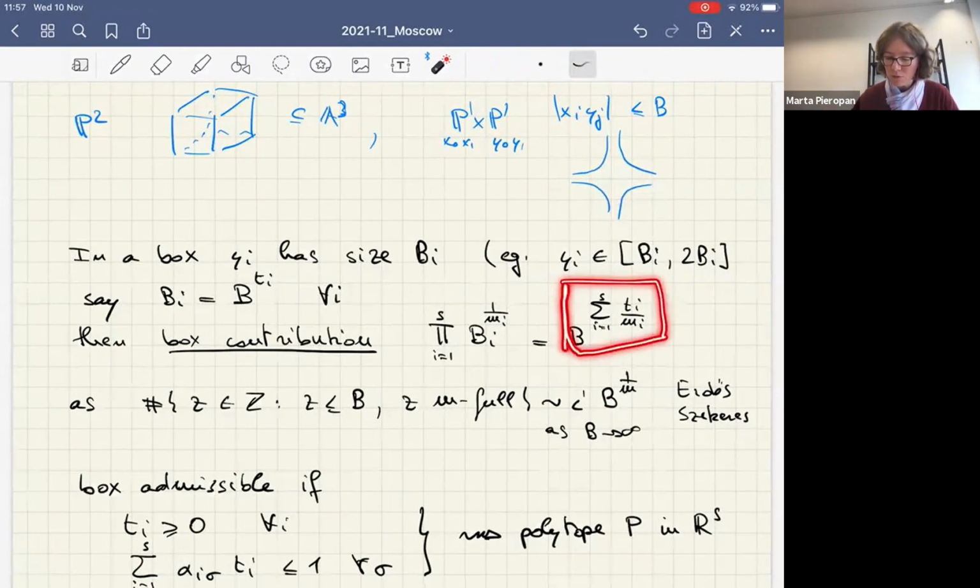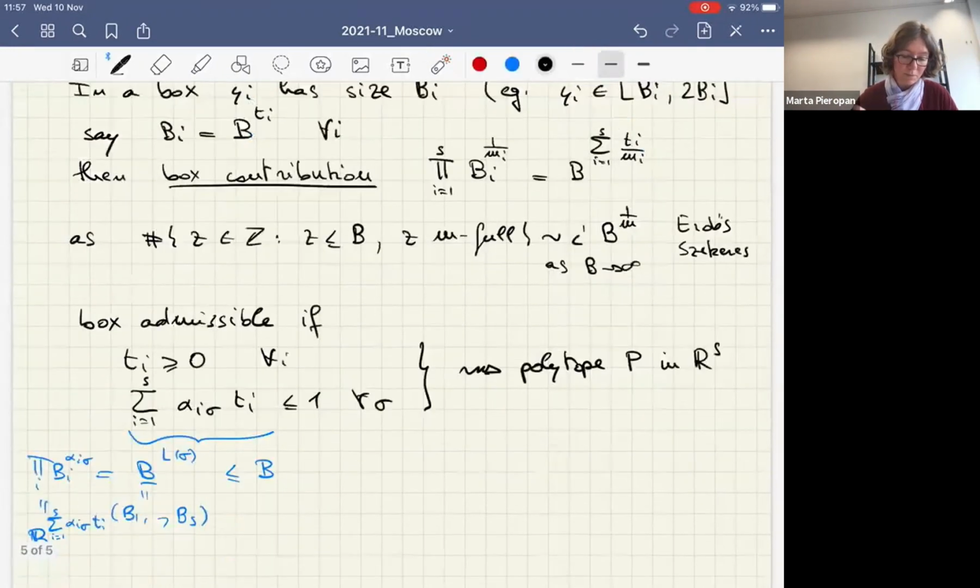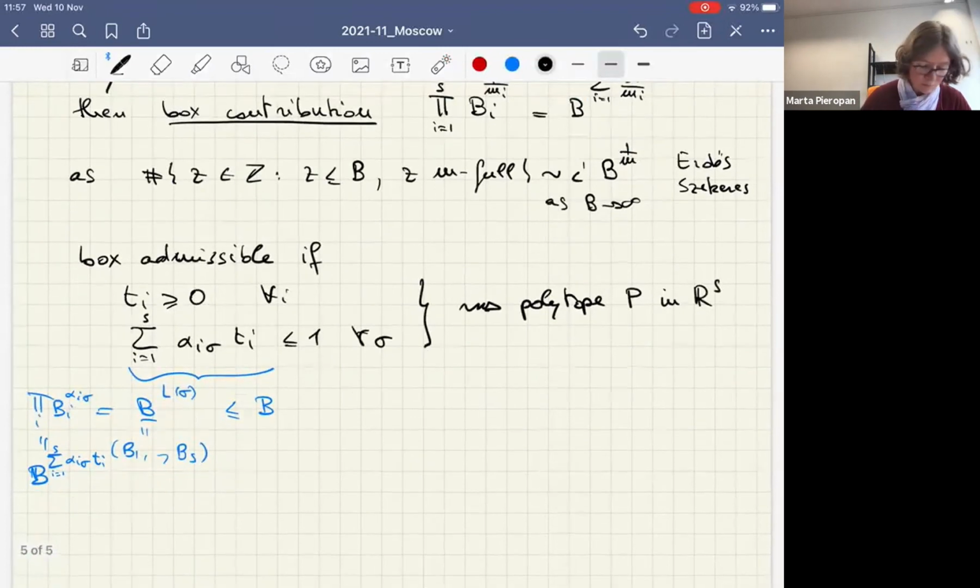And how do we measure the highest possible contribution? The highest possible contribution is given by the highest possible exponent of the box contribution. So in order to compute this number, we have to maximize this function.